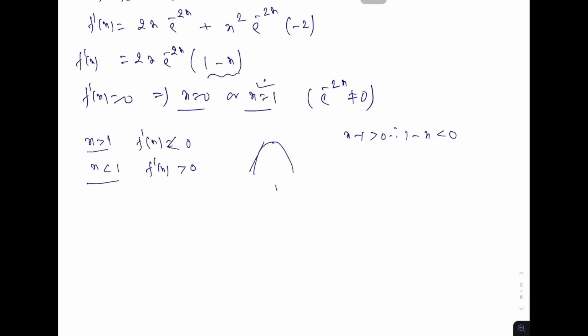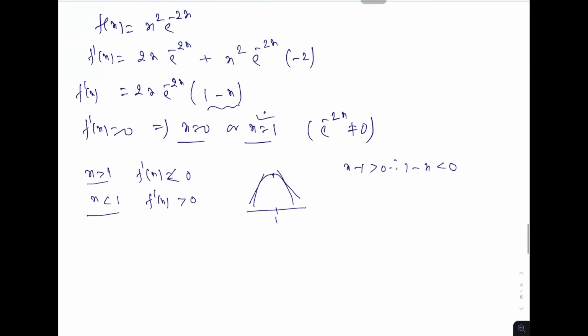When it's greater than 1, then the slope of tangent is negative. So when the slope is from positive to negative, we get the peak here. That means f is maximum at x equal to 1.